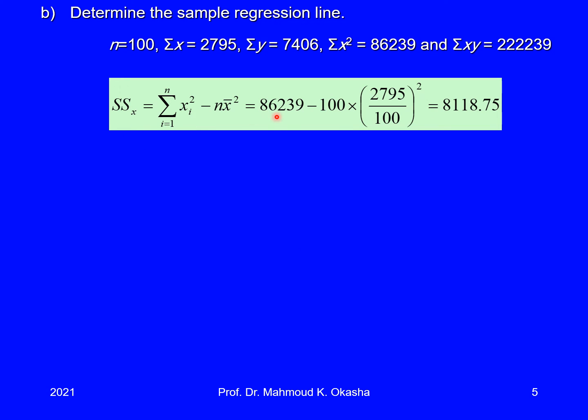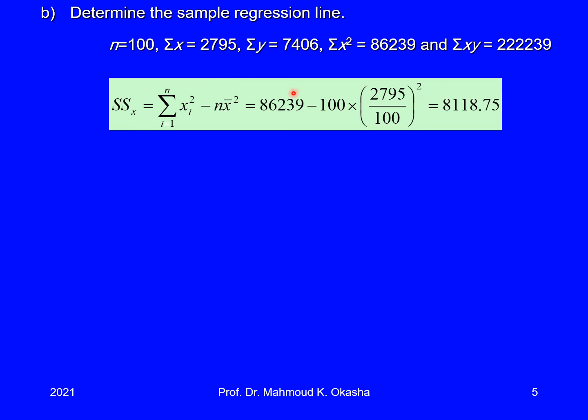We calculate SSX. We find it like that. This is the sum of x squared, minus n, 100, times x bar squared, where x bar is the sum of x divided by 100, which is that value.